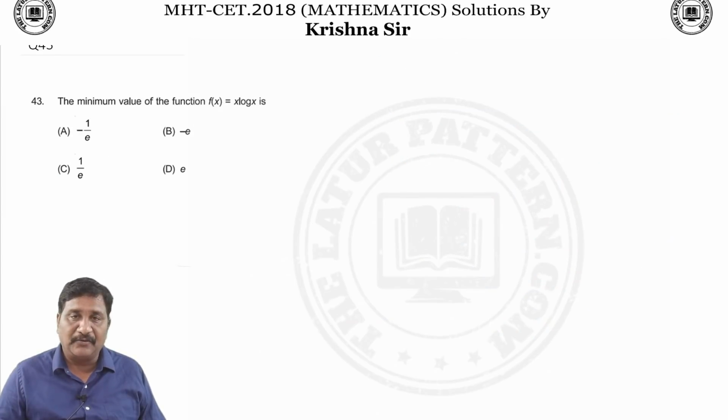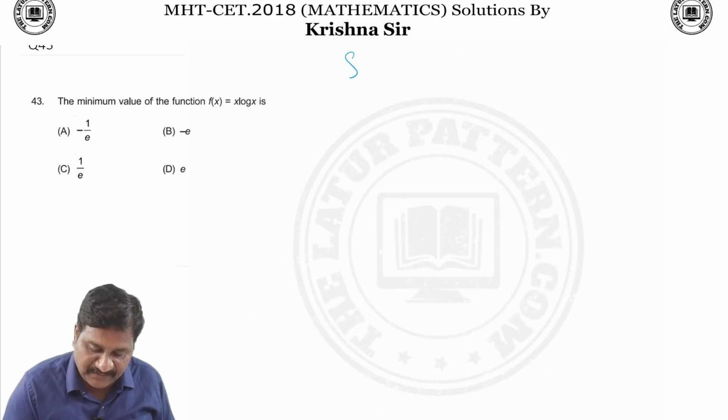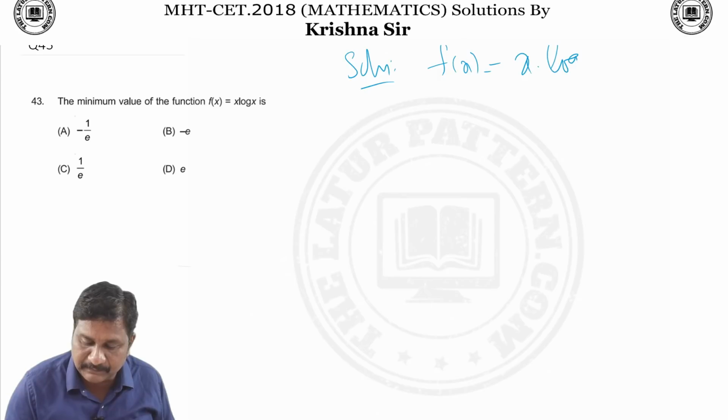The solution of question number 43. The minimum value of the function. Given function is f of x is equal to x into log x. For maxima or minima, here we want minima, f dash of x is equal to 0.